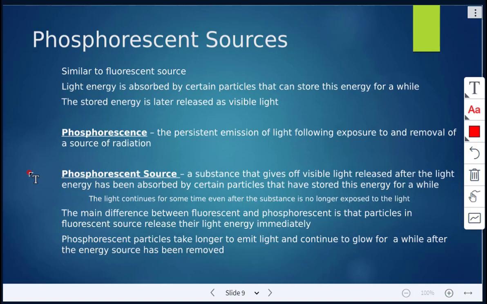So that's the main difference between fluorescent and phosphorescent: particles in a fluorescent source release their light energy immediately, whereas in phosphorescent, they can release the energy after a while. So phosphorescent particles take longer to emit light. They can continue to glow for a while, even after the energy source has been removed.